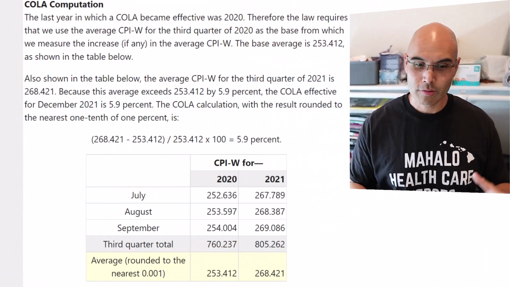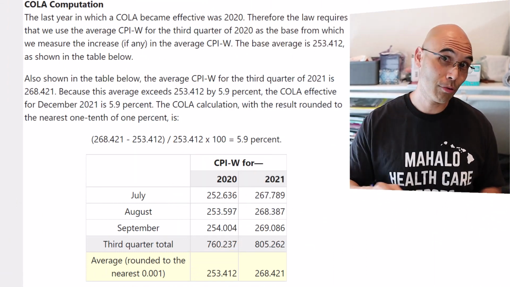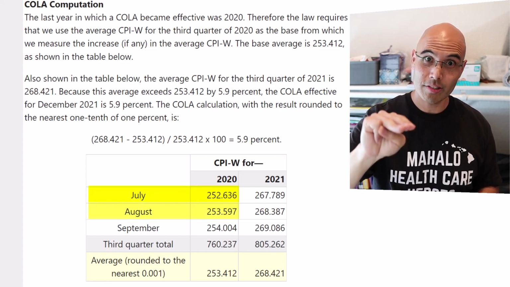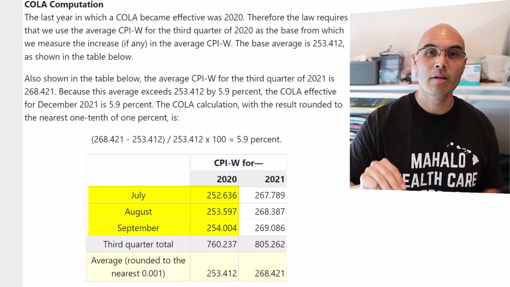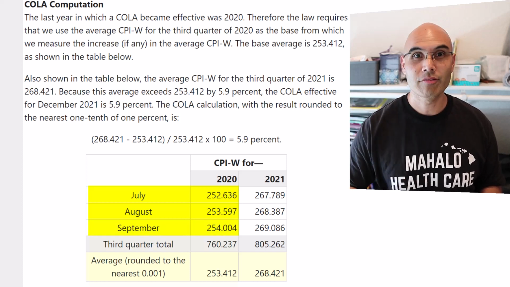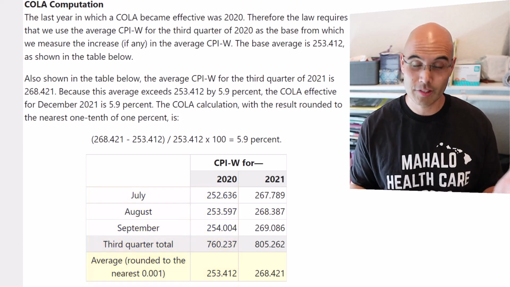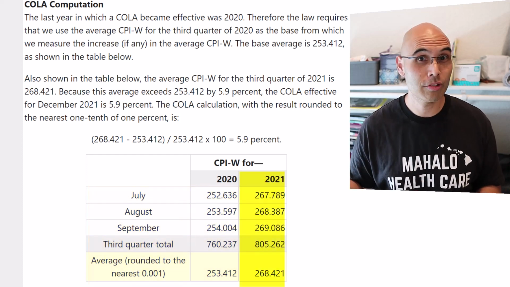How does the Social Security Administration calculate the COLA based off of the CPI-W? Well, here it is. For the CPI-W for 2020, they take the third quarter, 3 months, July, August, September. They add it together and they take the average. Then they take the current year's, in this case 2021 for 2022's adjustment.